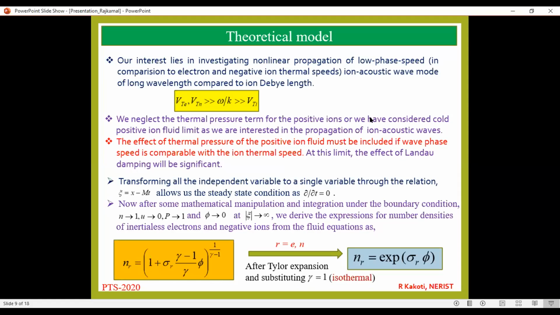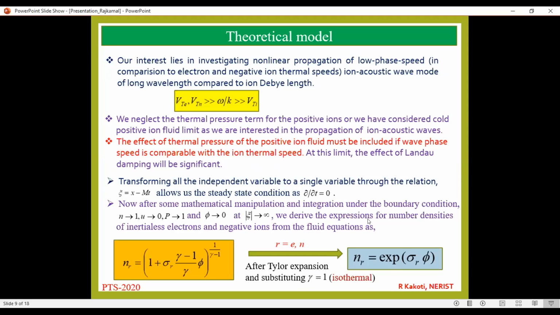So in this limit, we are considering the cold positive ion fluid. We must consider the temperature of positive ions in the fluid equations when the phase velocity is comparable with the thermal velocity of positive ions. But at this limit, the effect of Landau damping will be significant.